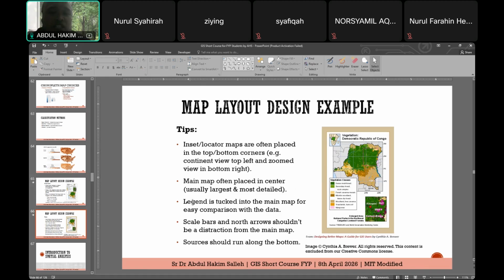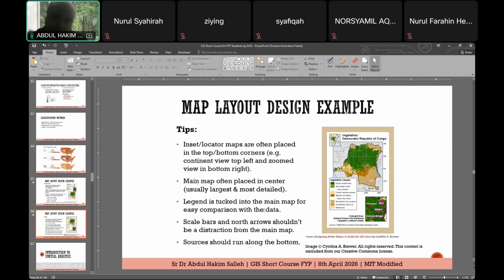Legend is stuck to the main map for easy comparison with the data. So the legend must be right on the side, if not inside the image itself. The legend will help people have some definition for the colors.